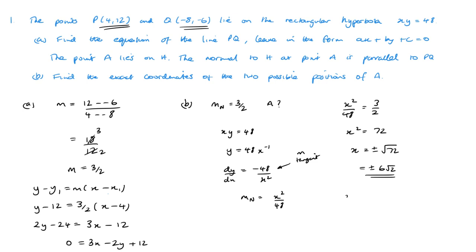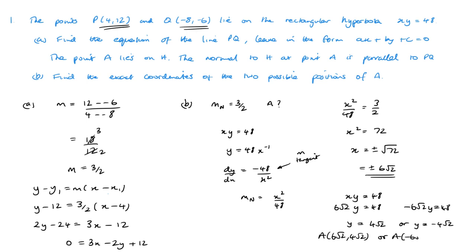If I put that into xy equals 48, 6 root 2 y equals 48, y equals 4 root 2, or y equals minus 4 root 2 when I put in the negative 6 root 2. So A is (6 root 2, 4 root 2), or A is (negative 6 root 2, negative 4 root 2).